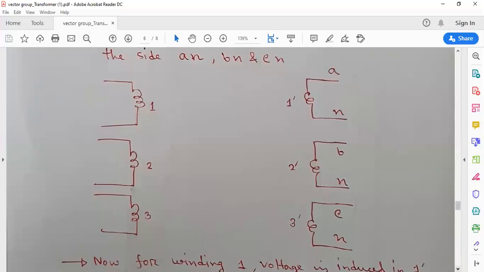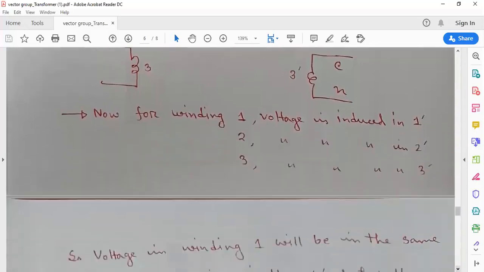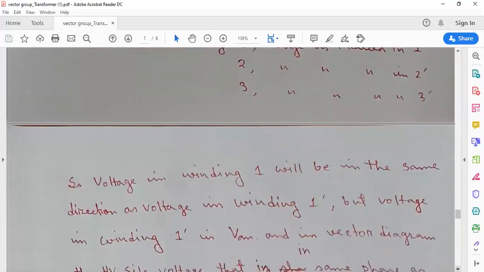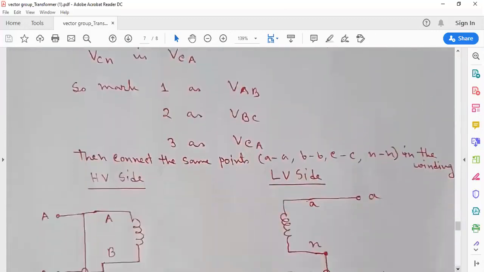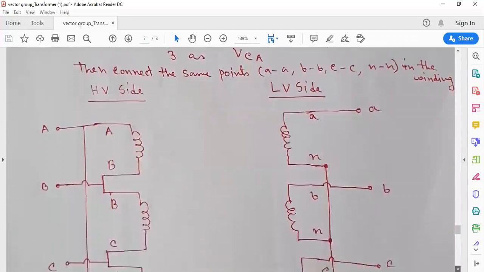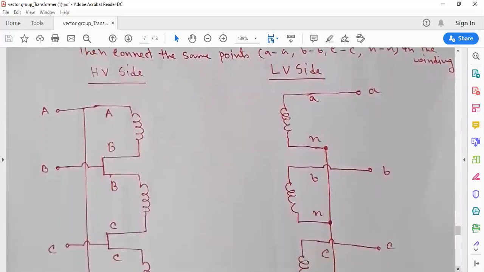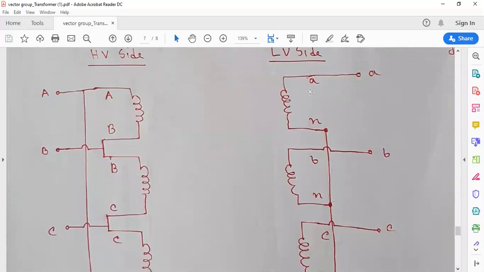And then we will forget the HV side, just look at the low voltage side. We will connect a winding to a point. This is our A point for the low voltage side.